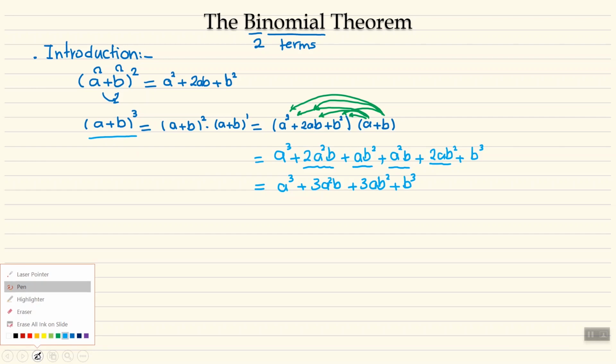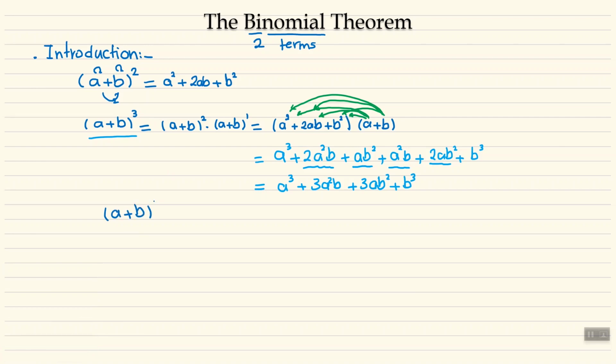What if the question was a plus b to the power of 4? Now, if it's to the power of 4, the way to expand it is to write it as a plus b to the power of 2 times a plus b to the power of 2.